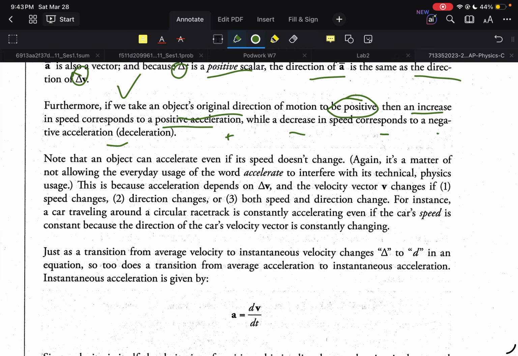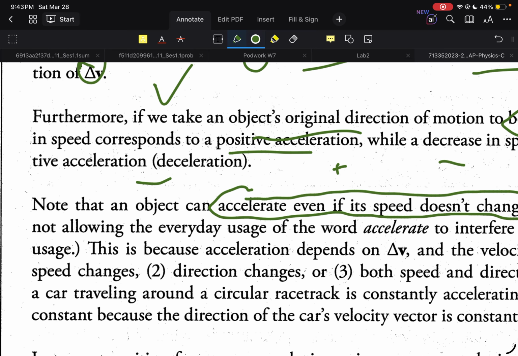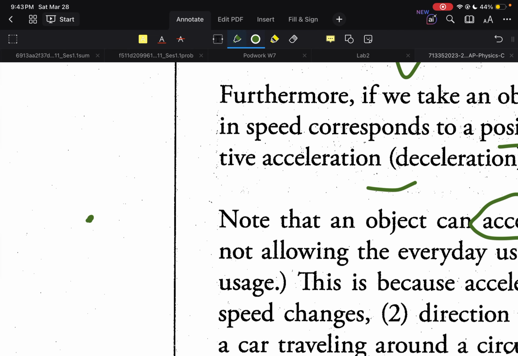Note that an object can accelerate even if the speed doesn't change. That is very interesting when we think about that. The speed remains constant. The only way that's possible is if the object is in circular motion, where acceleration is towards the middle.